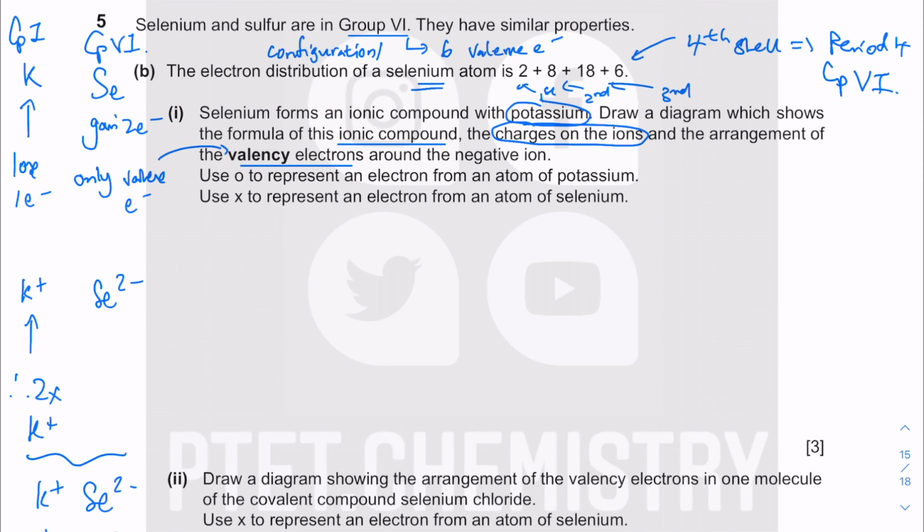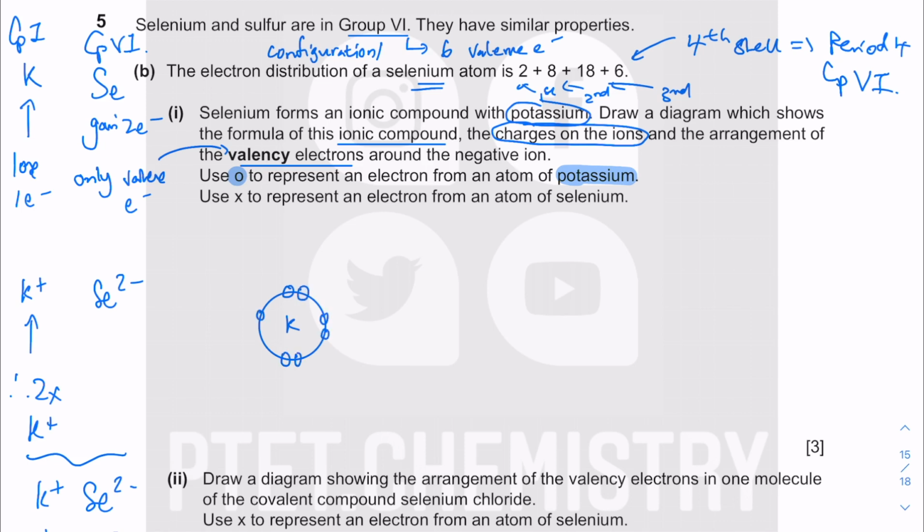Okay, so K, so this is a potassium ion. Oops, sorry, hang on. They don't want that. You need to read the question carefully. Use the dot for potassium. It's not even like the dot that I normally draw. It's this specific circle thing.